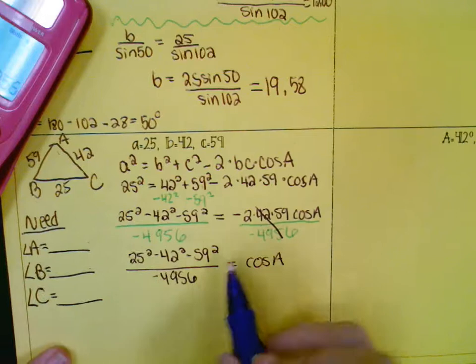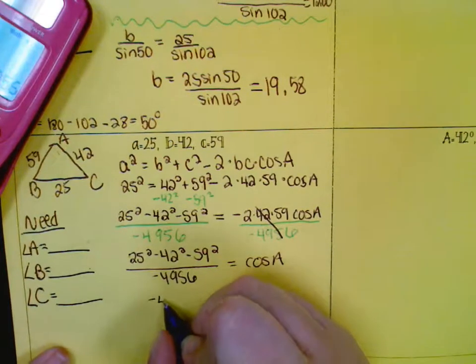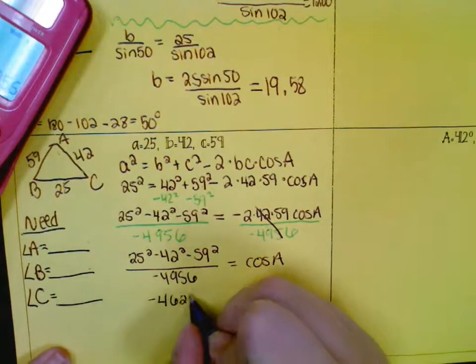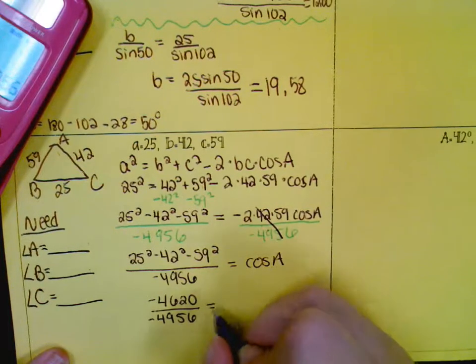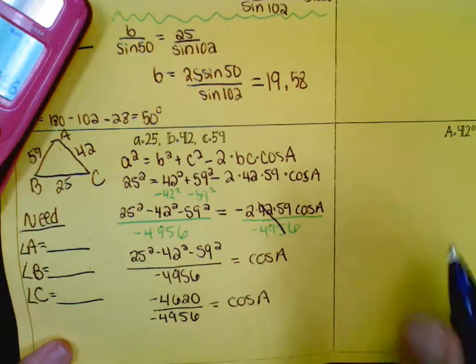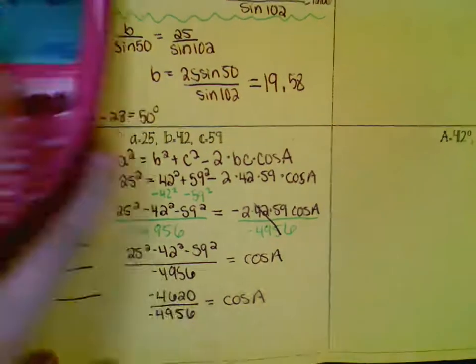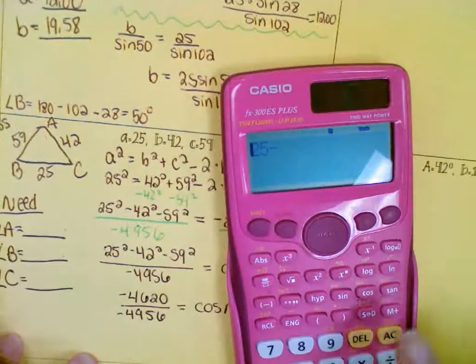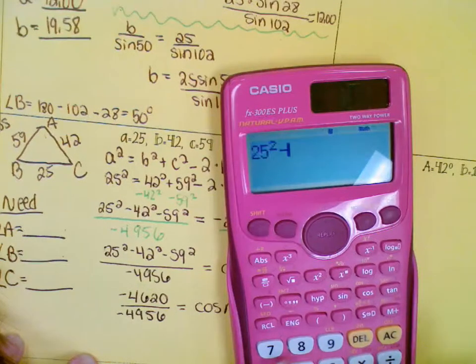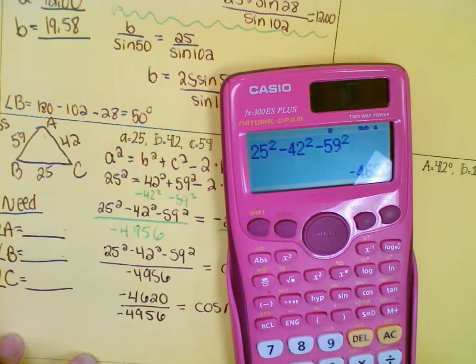If you square those and subtract, you end up with -4,620 divided by -4,956 equals the cosine of A. So again, I just did 25 squared minus 42 squared minus 59 squared and figured out what that was.